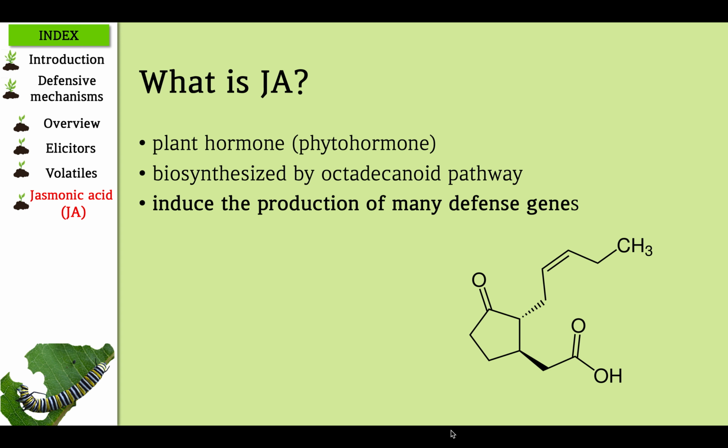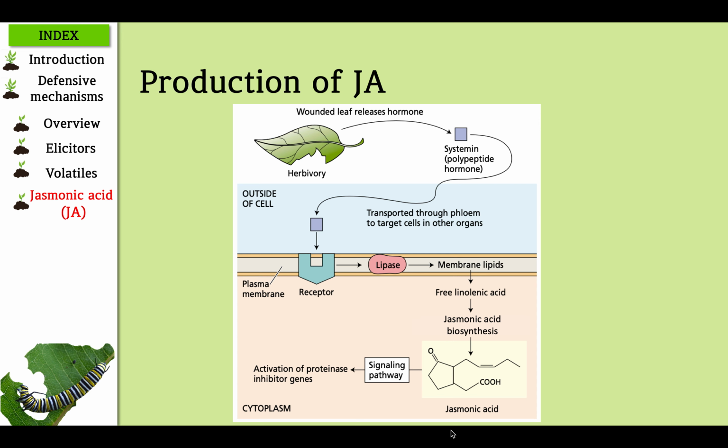Leaves wounded by herbivores release a hormone named systemin. This is transported through phloem and combines with a receptor in the plasma membrane. This combination causes membrane lipid to form free linolenic acid, and following the jasmonic acid biosynthesis pathway, jasmonic acid is produced. And now let's see more specifically about the jasmonic acid biosynthesis process.